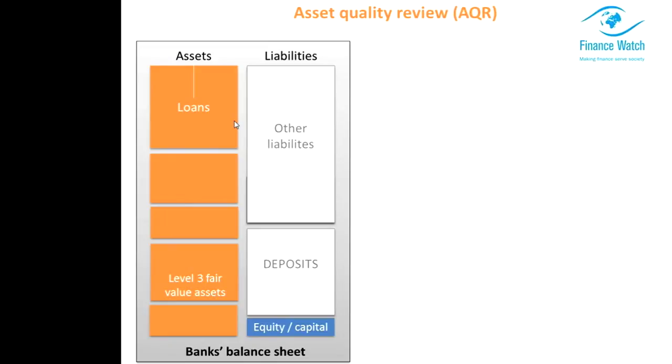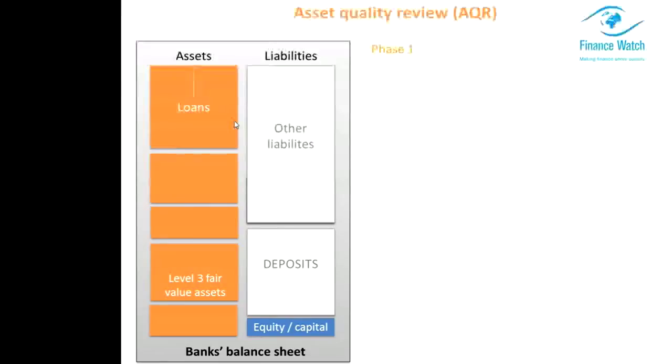There are no transactions, and there are also no transactions for similar assets. So they have to be priced by a pricing model with some unobservable inputs, calibrated on historical data. And since these are pricing models and there are no observable market prices, the risk of accounting misstatement is relatively high in this asset class. That's why they are covered by the asset quality review.